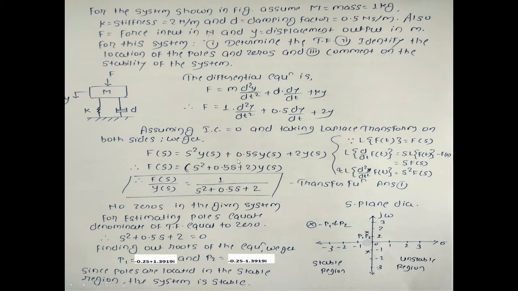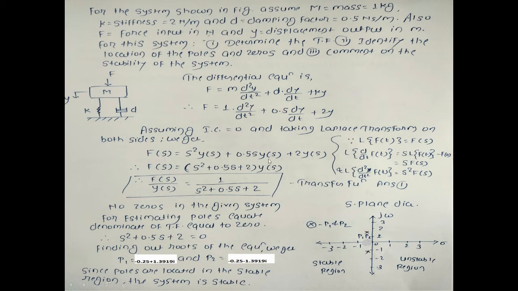Rearranging the equation, or taking the term Y of s common, I can rewrite this equation as F of s equals s square plus 0.5 s plus 2 into Y of s. Again, recall that force is the input to the system and Y is the output, that is the displacement occurring for the mass.